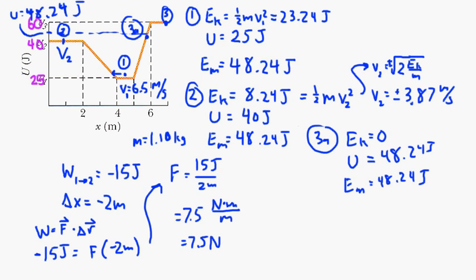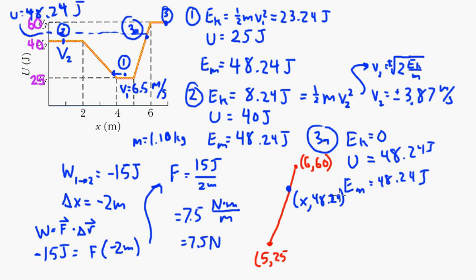We've got this slope here, actually more like a line. The coordinates of this end are 5 meters, 25 joules. The coordinates at the other end are 6, 60. And right here is a spot where it is x comma 48.24.